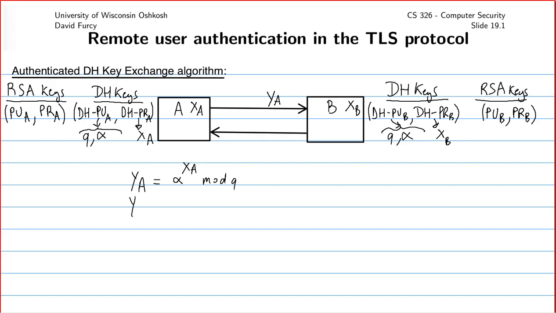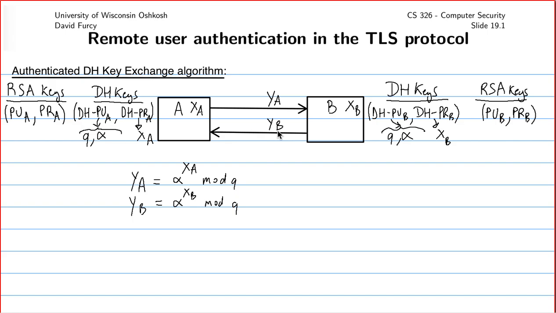And then Bob symmetrically is going to compute the value y sub B by raising alpha to the power of his private key and taking everything modulo Q. So this will be sent from Bob to Alice.